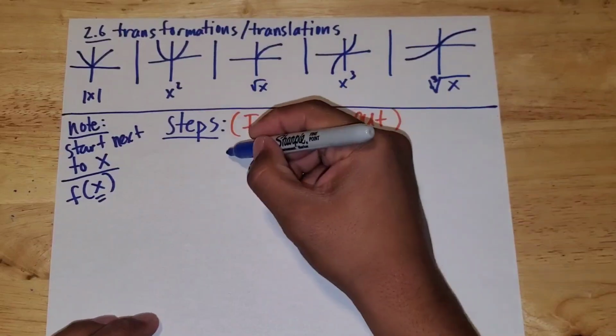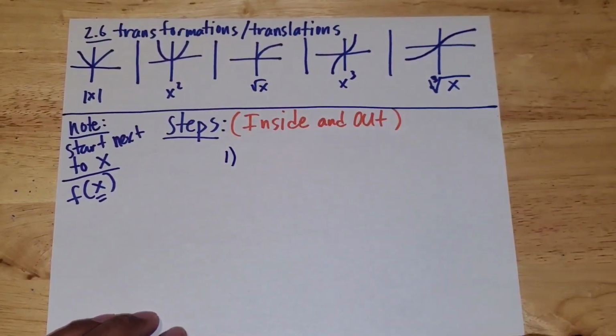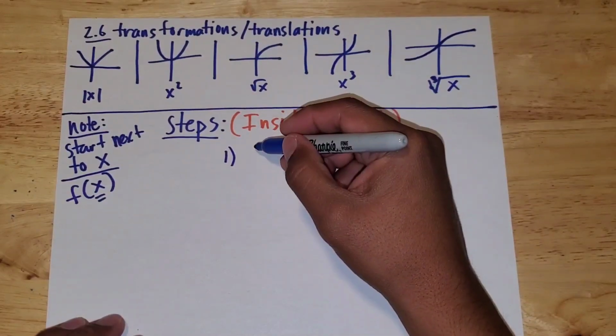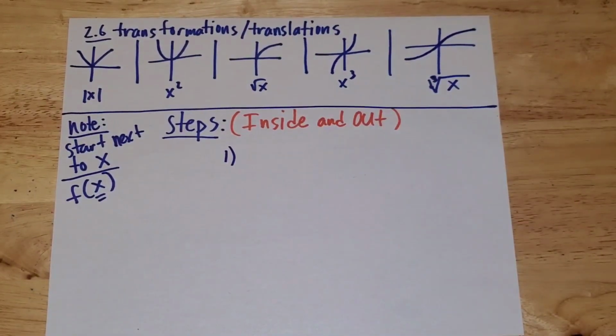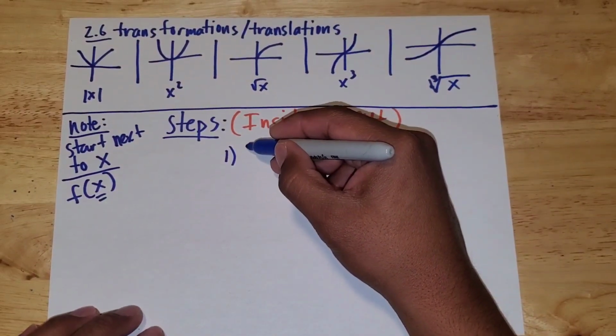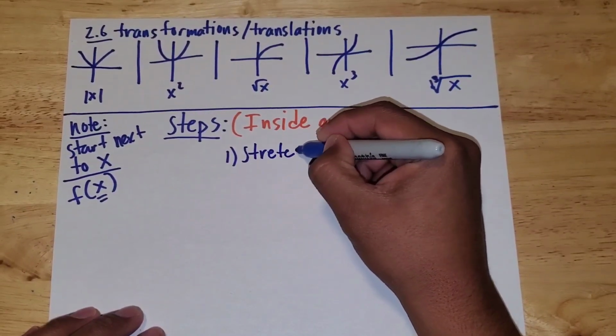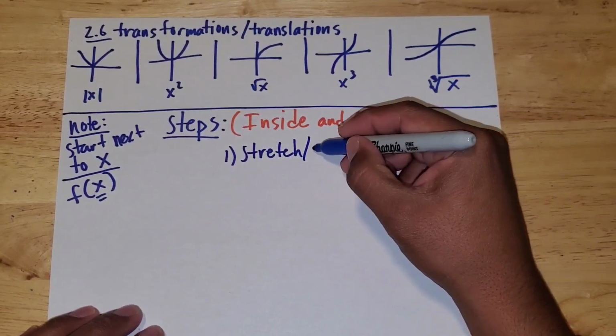But one of the very first transformations that we're going to look at happens inside of the function. And I'm going to put these two side by side with each other. One of them they call stretch and shrink, so that's what I'm going to call it. Stretch, shrink.